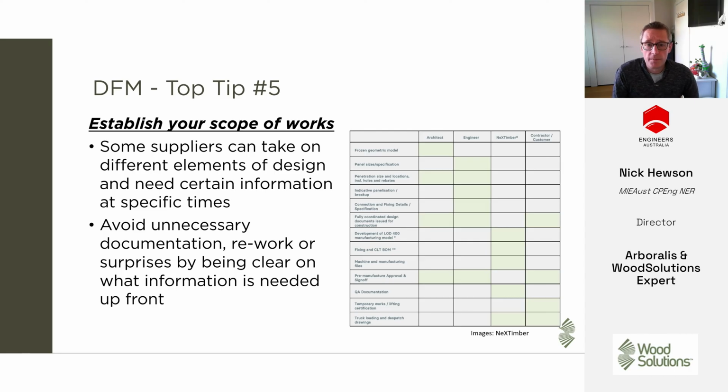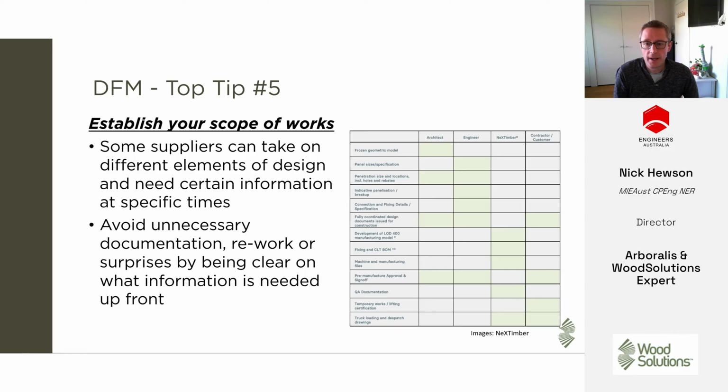And moving on from that, the final tip on the manufacturing side is knowing what your scope of works is. Some suppliers can take on different elements of design. They need different bits of information at specific times. So understanding what that process is, how the supplier works, what they will do, where they take the information from, what they need from you as the engineer or what they need from the architect.